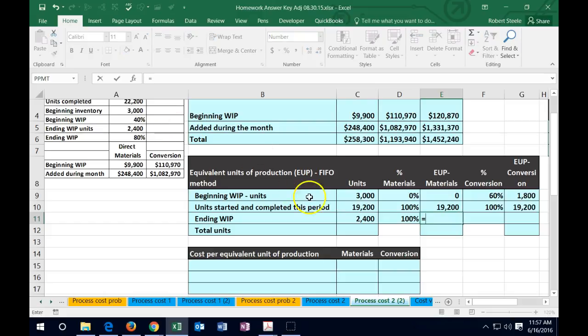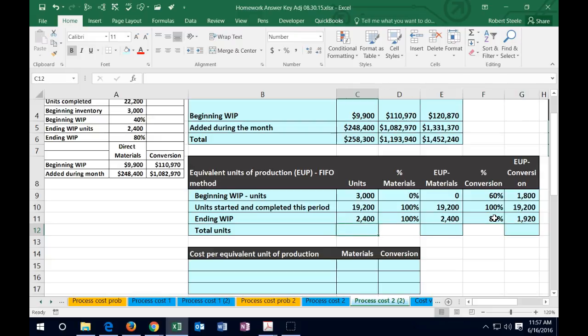So for materials, the 2,400 times 100%, they are totally the same. As far as conversion of those direct materials, they're only 80% complete. So for equivalent units for the conversion, we've got the 2,400 times the 80%, and that's going to be only 1,920.